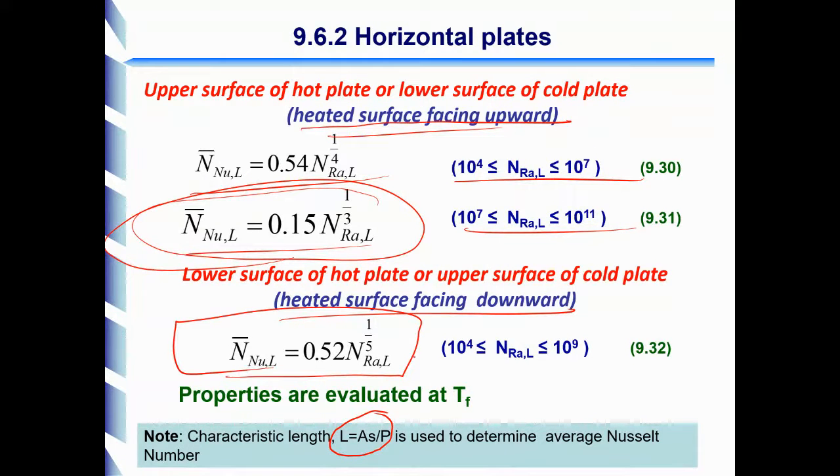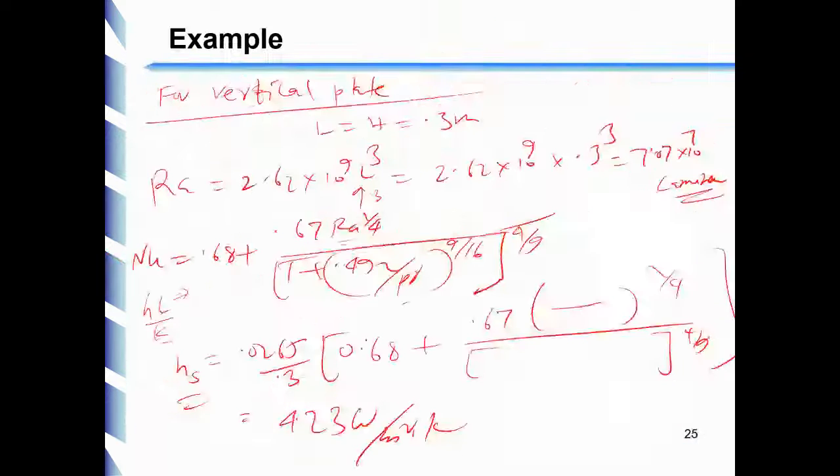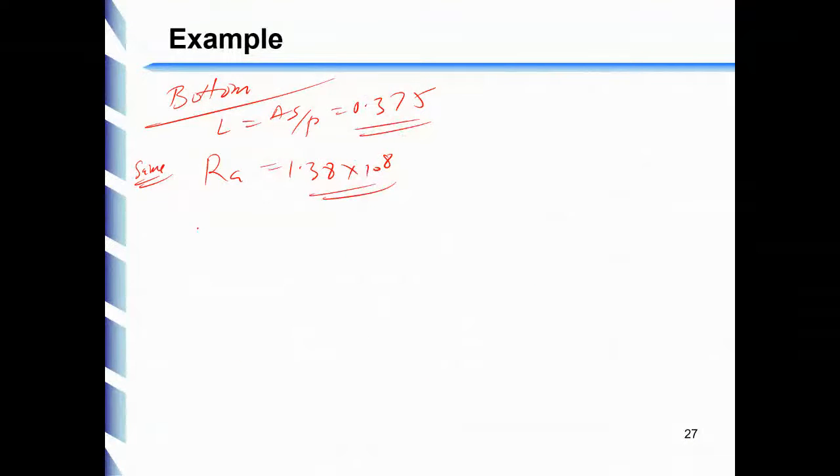We have only one equation, and this is the Ra range, and our Ra is within this range. So we can use this equation. Nu equal to 0.52 Ra^(1/5). So h bottom equals 0.52 times Ra, which is 1.38 times 10 power 8, to the 1 by 5.